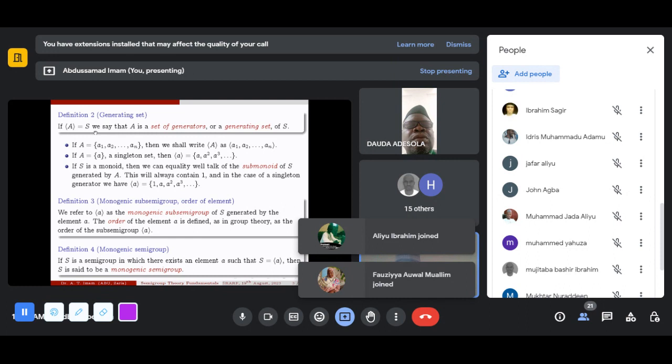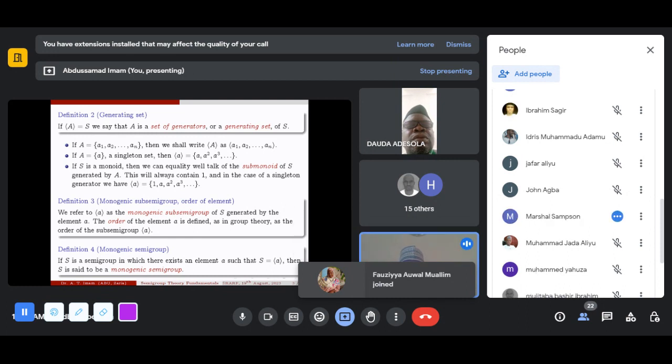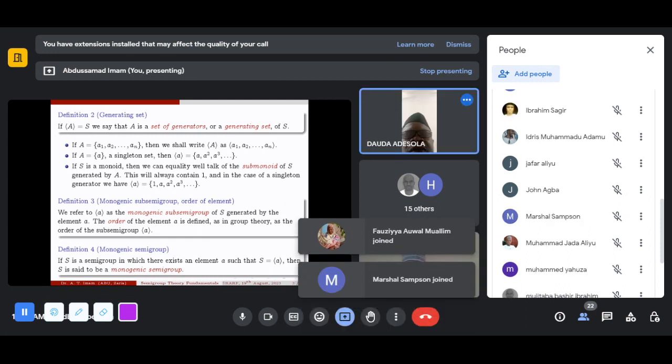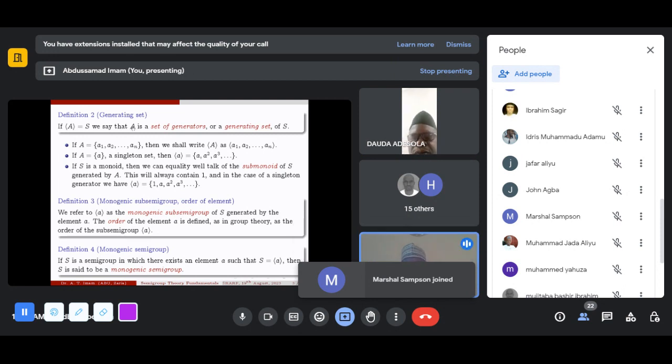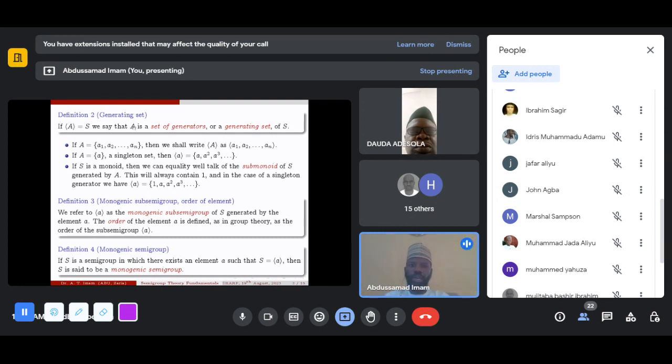Actually, it is true in most situations that the generating set is smaller in size than the entire semigroup. And so if you can get hold of the generating set, you can study the semigroup, even though it is large, via studying the smaller set A, which contains fewer elements.